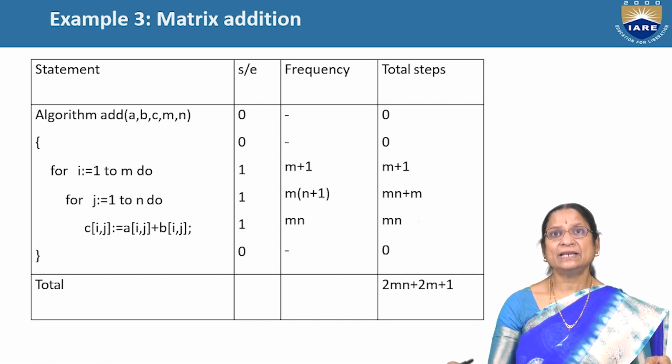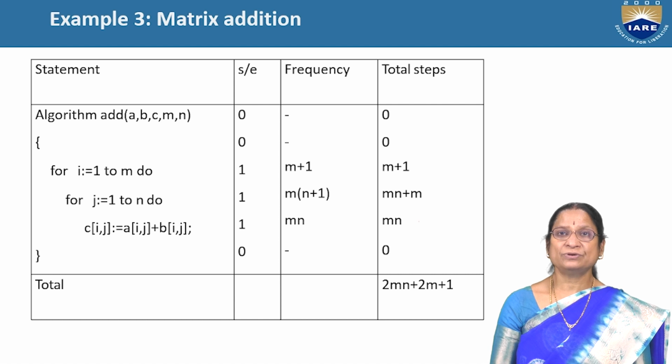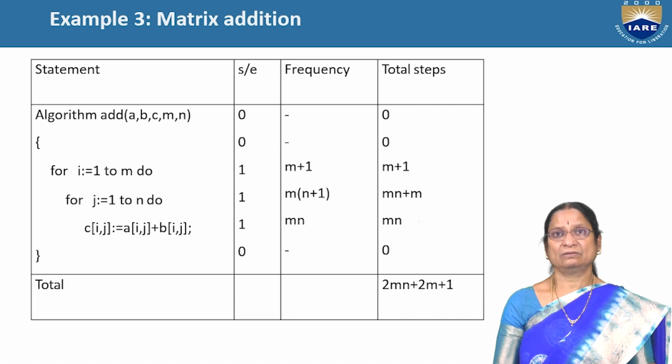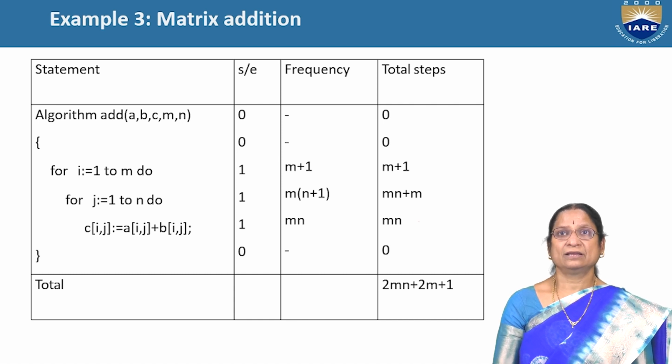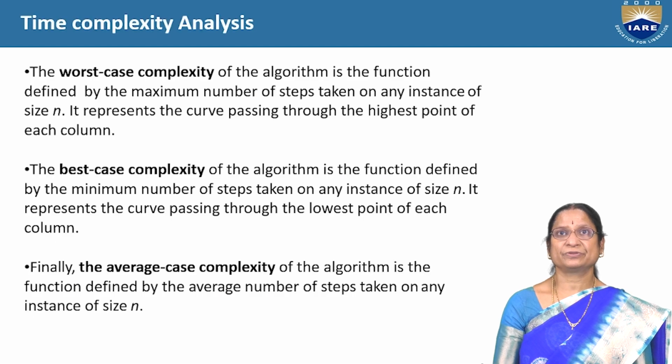We will make it more generalized in the next video, where asymptotic notation and growth rate functions will be considered, so that time complexity can be represented more generally using asymptotic notation.